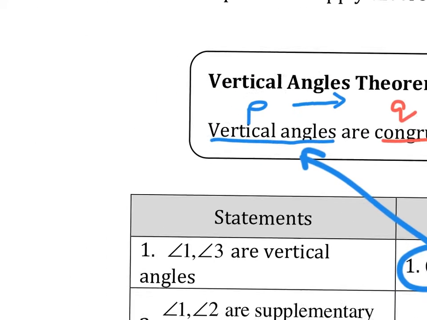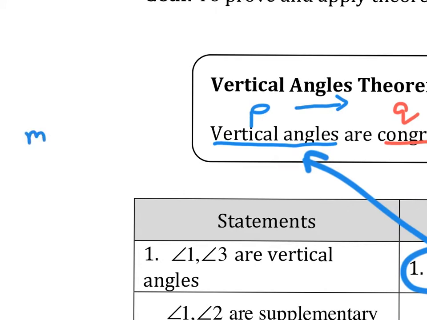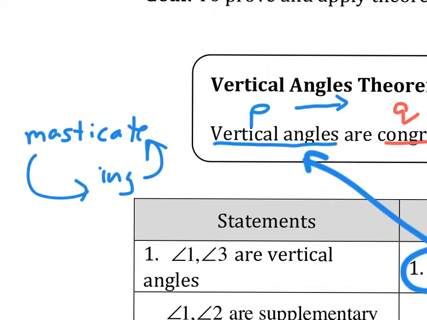What if I asked you to define the word masticate? And besides giggling, you look it up in the dictionary, and it says it is the art of masticating. And you're like, why are you using the word masticating to define masticate? And okay, so what does masticating mean?